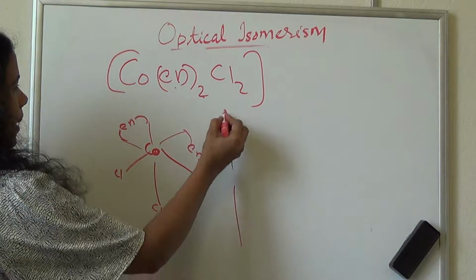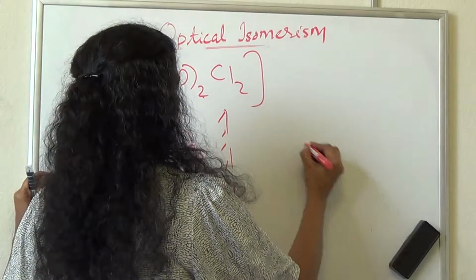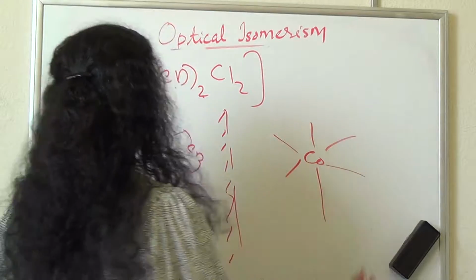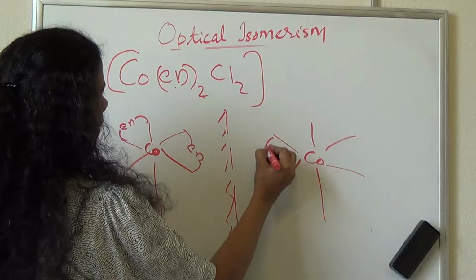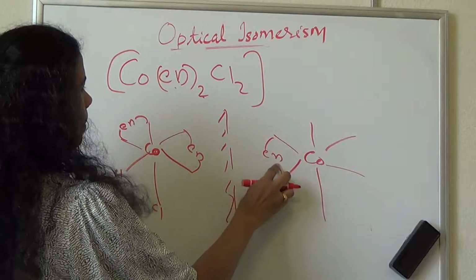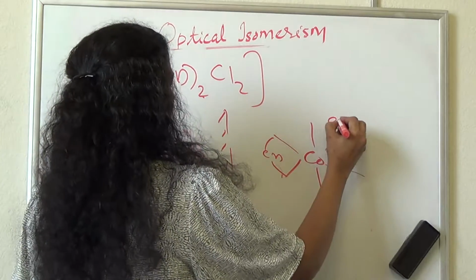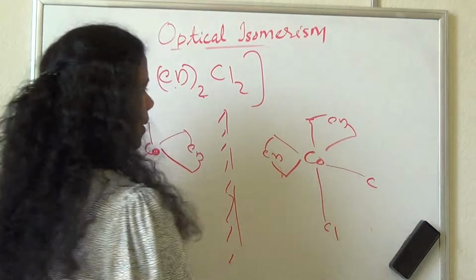Draw its mirror image. Mirror image is the image we obtain when we look through a mirror. This is the mirror image.